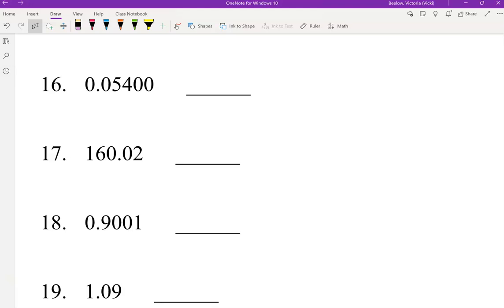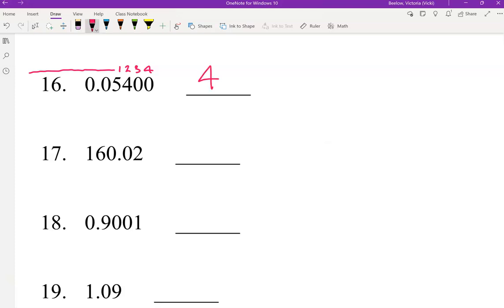For question 16, the decimal is present. So I'm going to approach from the Pacific Ocean side. Again, it's the first number you come across that's not a 0. So that would be 5. I would count that as significant and everything after it as significant, including these zeros here. Really, you're just figuring out where you start counting, and then you count everything after that as significant.